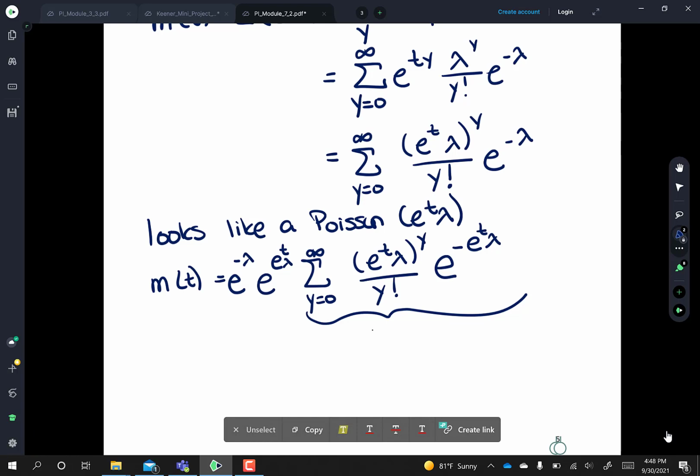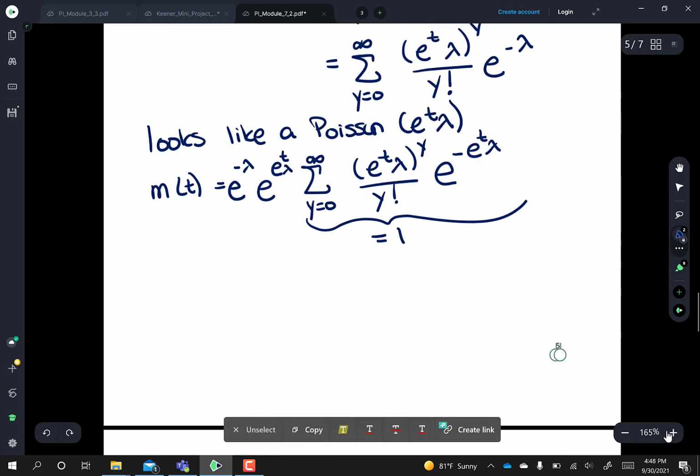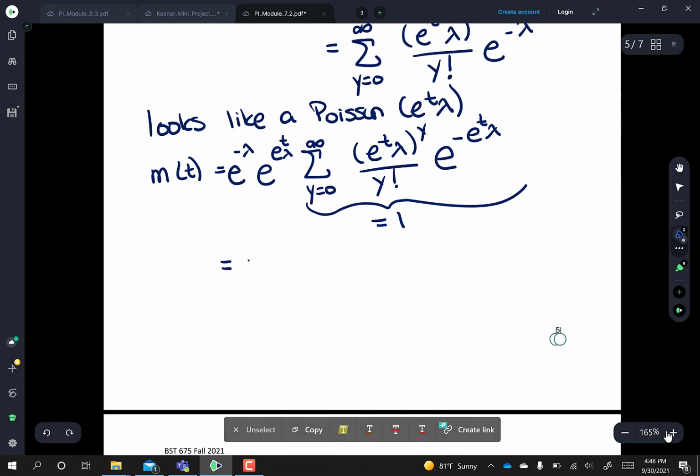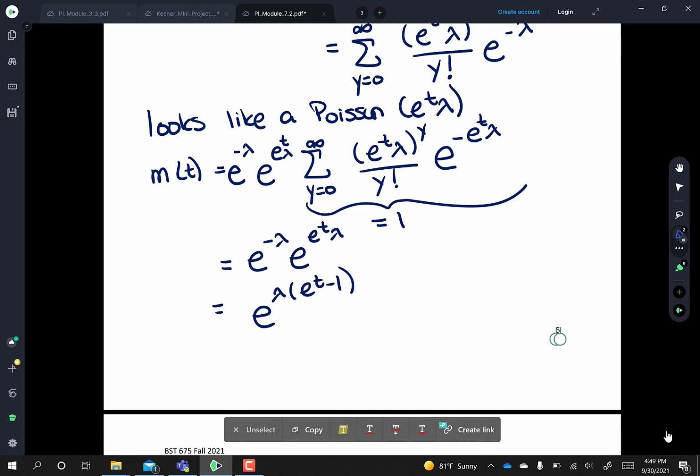So this entire thing is going to sum to 1, leaving me just with e to the negative lambda times e to the e to the t lambda, which is equal to e to the lambda times (e to the t minus 1). And so this is our moment generating function for a Poisson distribution.